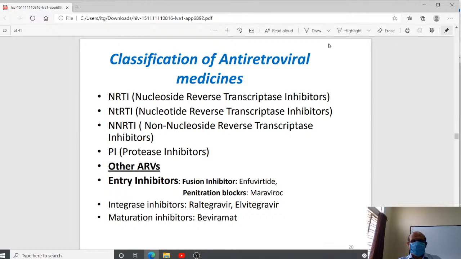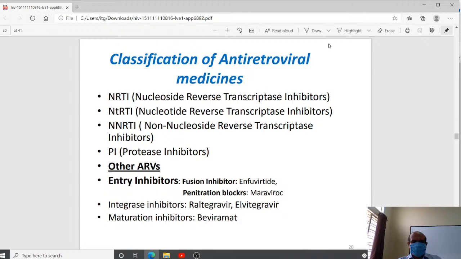Coming to the treatment, the classification of antiretroviral medicines: nucleoside reverse transcriptase inhibitors, nucleotide reverse transcriptase inhibitors, non-nucleoside reverse transcriptase inhibitors, and protease inhibitors.